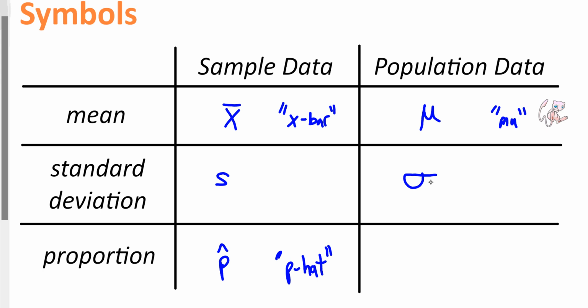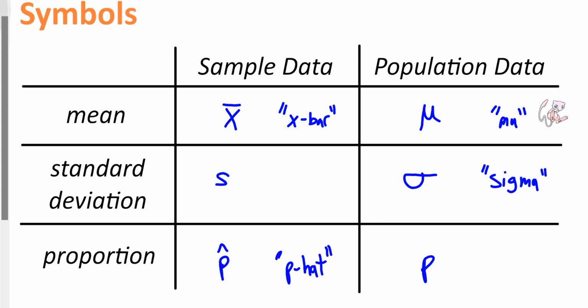Sigma, which kind of looks like this, is for standard deviation. We'll get talking about standard deviation coming up as well. And for proportion, it's just lowercase p.